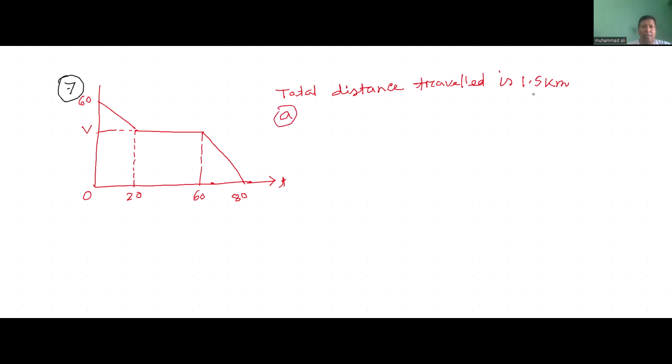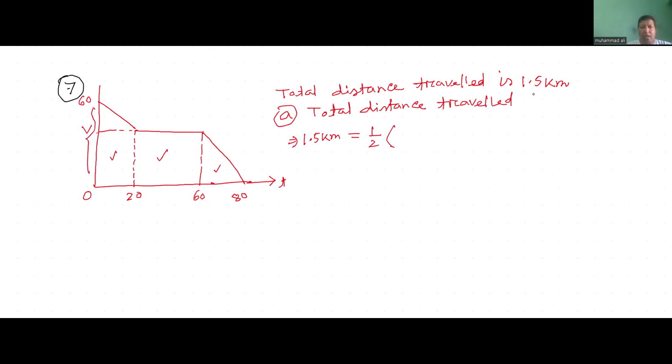This part is a trapezium, this part is a rectangle, this part is a triangle. So if you want to find the total distance, we have to write down the area of these three shapes. So we have to write total distance traveled equals, here total distance is 1.5 kilometer. So this is half, two parallel sides. This is one parallel side, that one is another parallel side.